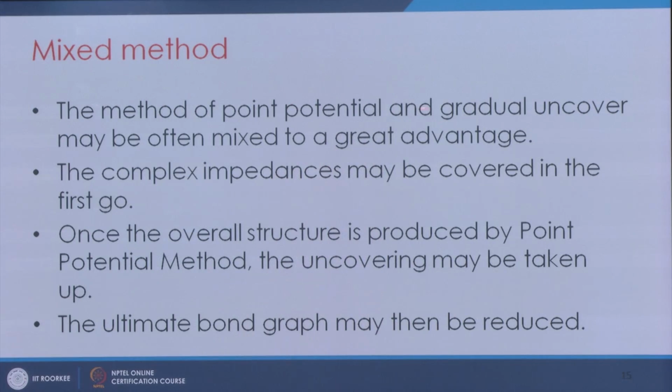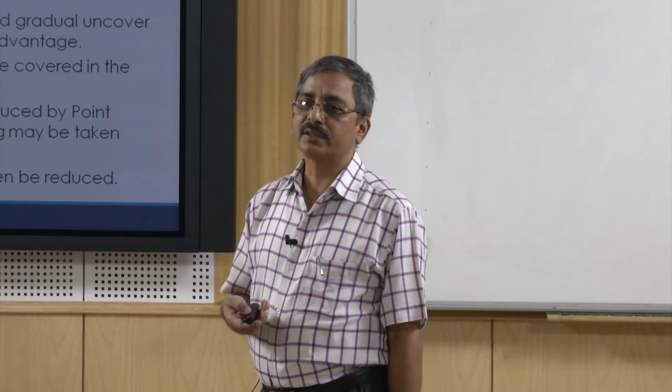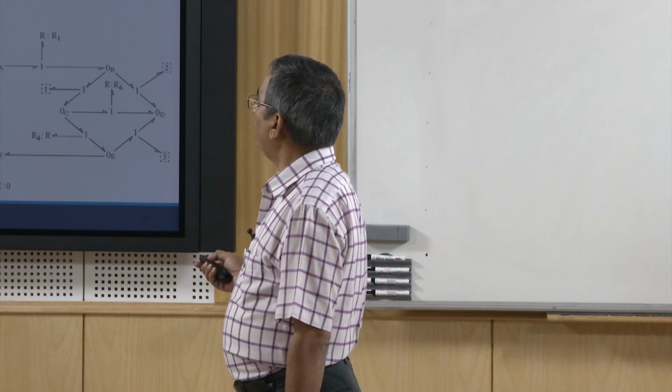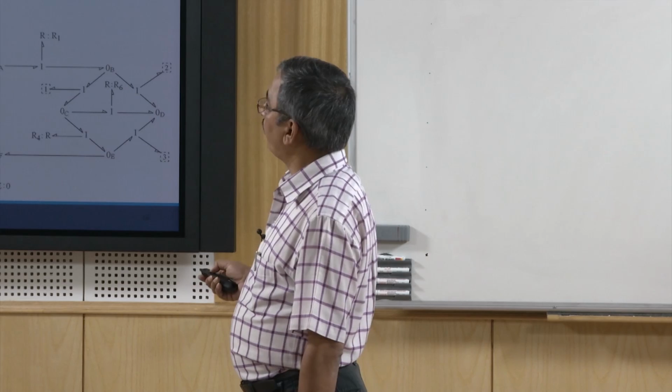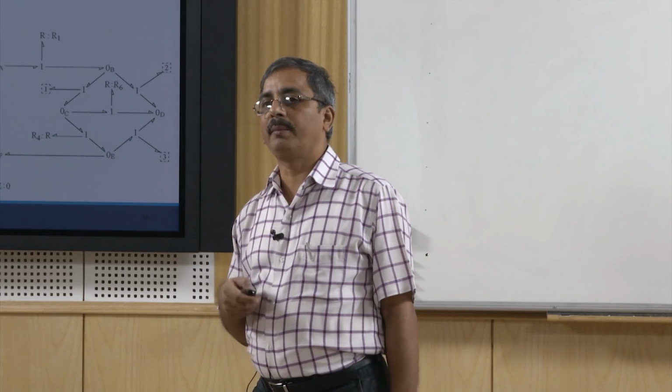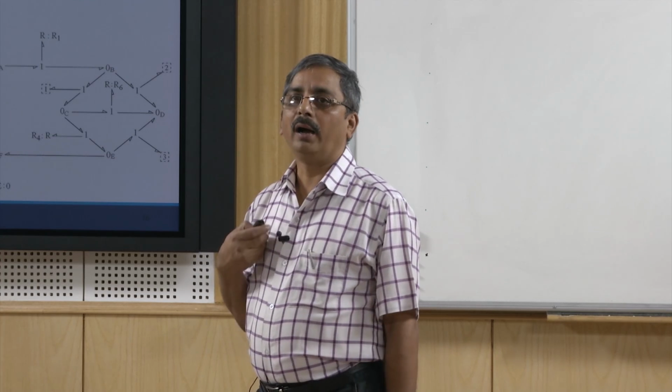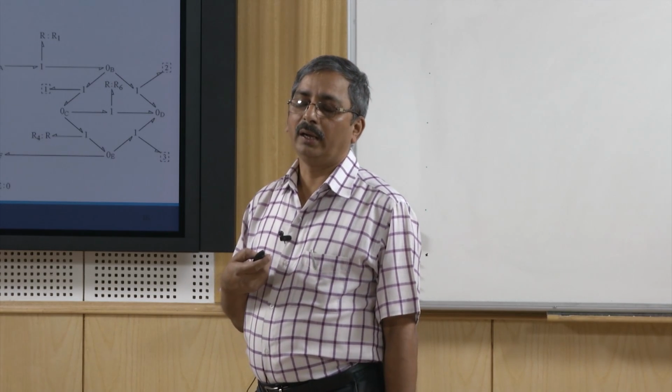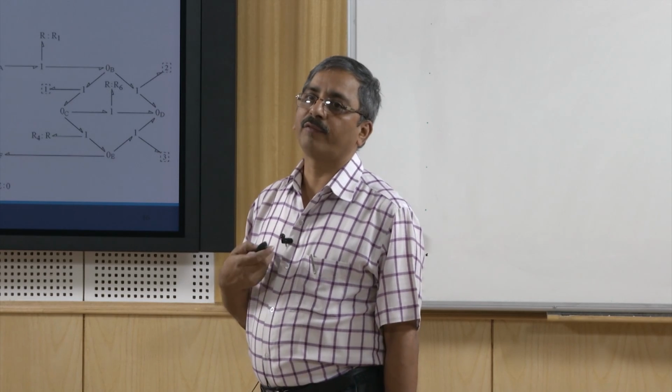The method of point potential and gradual cover may often be mixed for great advantage, and the complex impedances may be covered in the first go, and once the overall structure is produced by the point potential method, then the uncovering may be taken up, okay, and the ultimate bond graph may then further be reduced using the conventional reduction principle. So, let us take again the same problem, and now I am going to do this same problem with the help of a combination of gradual uncover and the method of point potential.